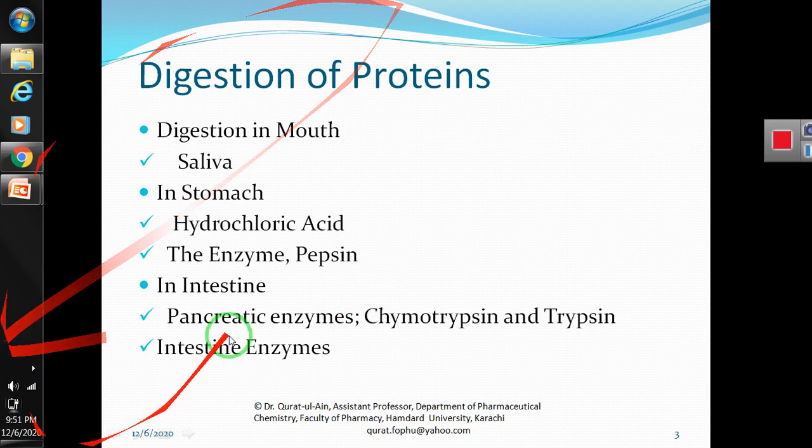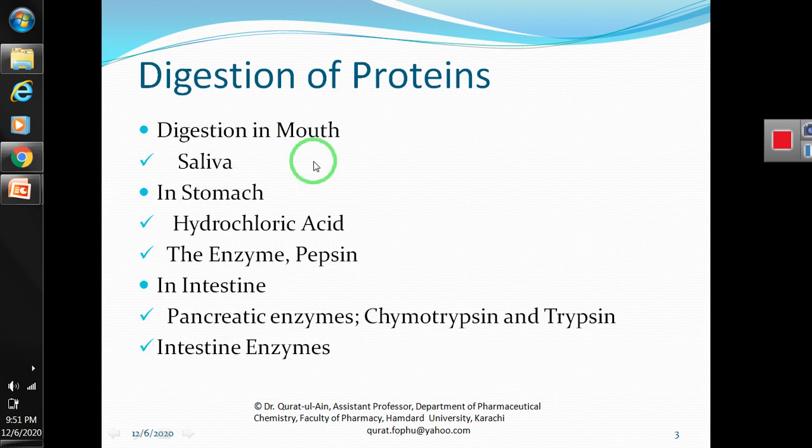So in this slide, we will be studying how protein is digested with chemical and mechanical support. First of all, we have to understand that protein digestion takes place in our mouth, in the stomach, and in the intestine. These are the three main organs where protein digestion takes place.